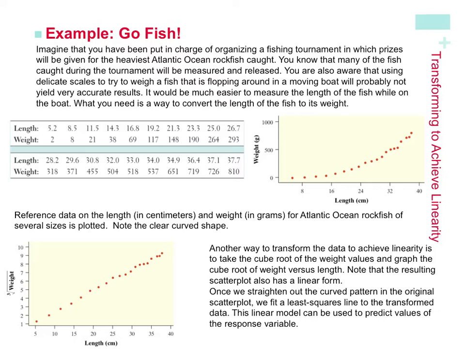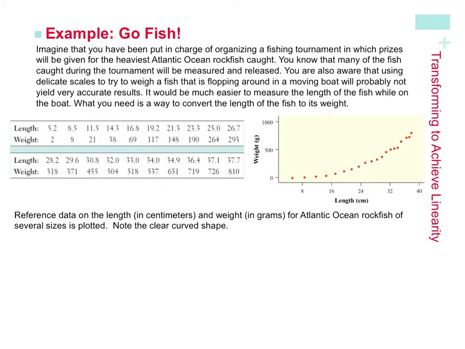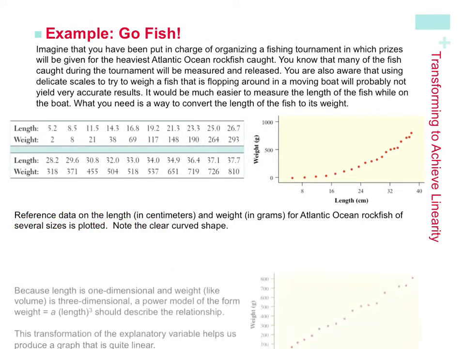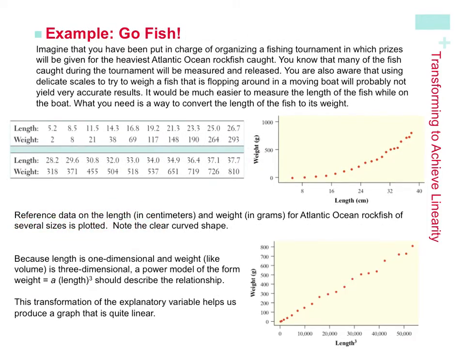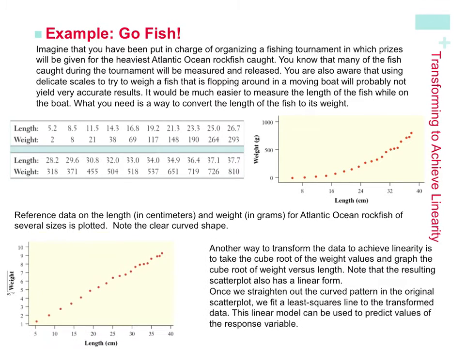So once you straighten out the curved pattern, so here, as opposed to taking a times length to the third, they're taking the cubic root of weight, so it's really just showing the same thing. Okay, you're changing the y as the inverse function of what you changed the x originally. So it's basically showing the same thing.